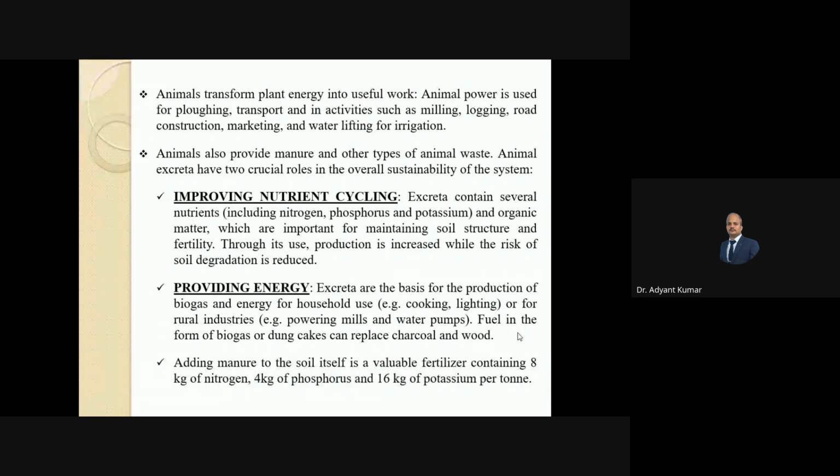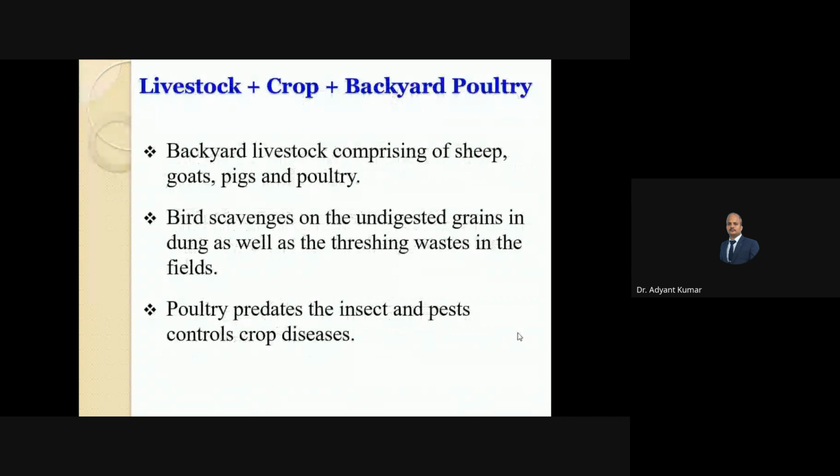In spite of that, the excreta of the animals can be used for production of biogas and energy for household use, for example, cooking and lighting, or for rural industries like power mills, water pumps, etc. In spite of providing the energy, they can also add fertilizer to the crop enterprise.